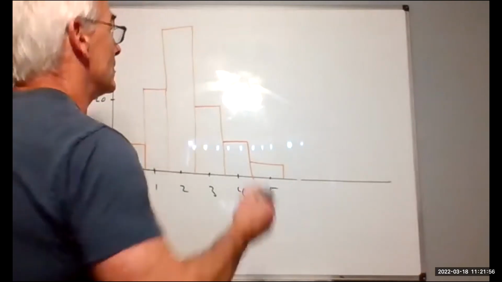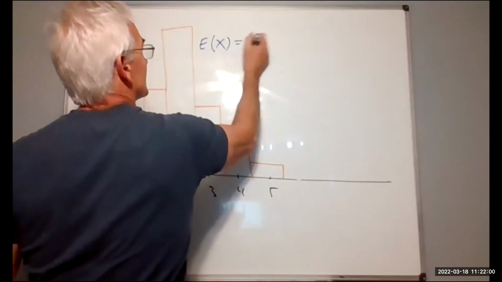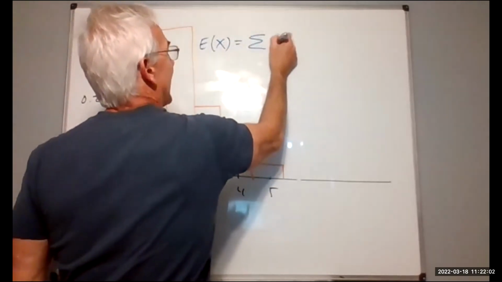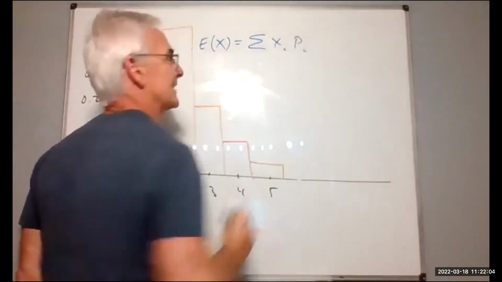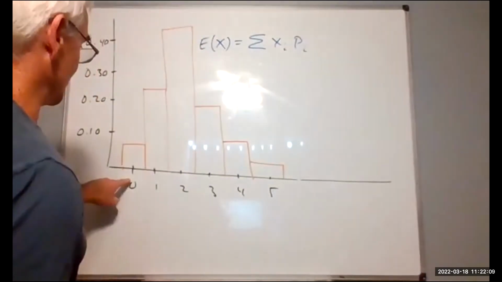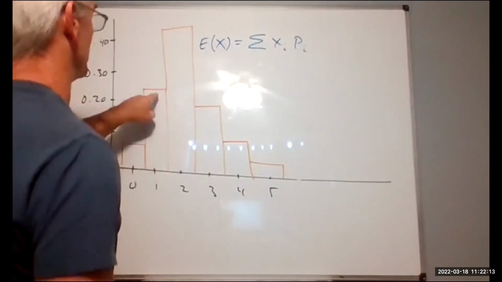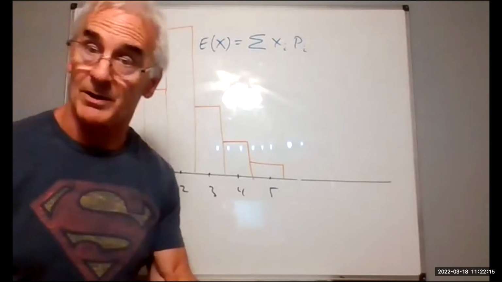Now, I remind you, we know what expected value is. Expected value is the sum of the outcomes times their probability. And in shorthand notation, just that. So the outcome of 0 times its probability of 0.06, the outcome of 1 times its probability of 0.23, and so on and so on.